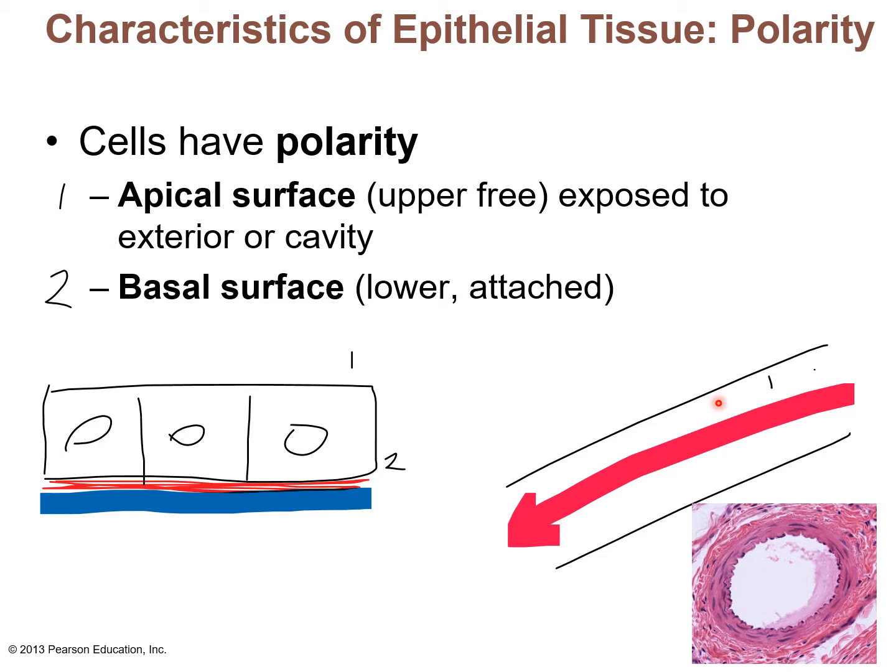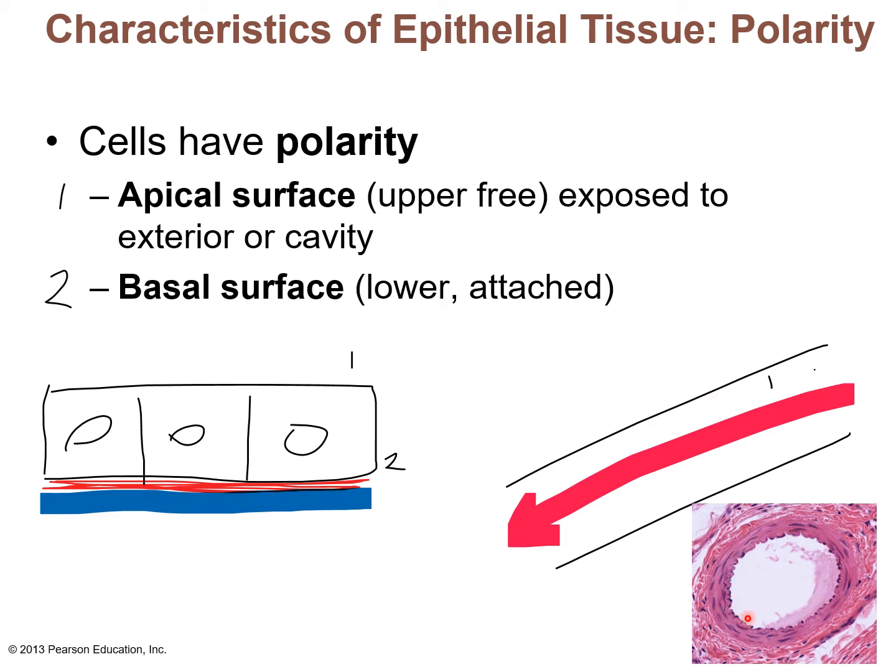For example, the hollow cavity of your blood vessel, your stomach, your intestines. The cells that are facing the hollow cavity, we would call that surface the apical surface. The basal surface would be attached to some other tissues.